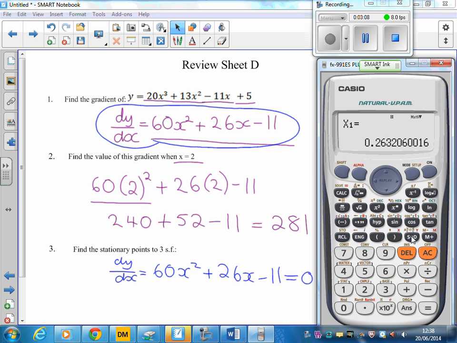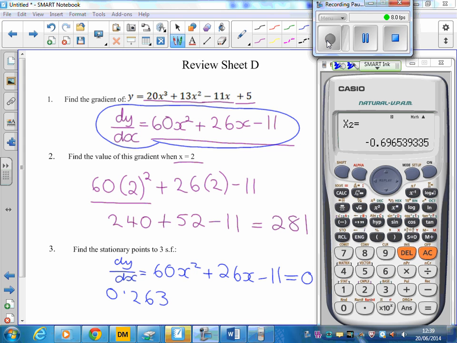So to 3 significant figures, 3 digits that aren't 0 at the start or the end, my first solution is 0.263. Press again for my second solution, as a decimal. The second solution is minus 0.697, both to 3 significant figures.